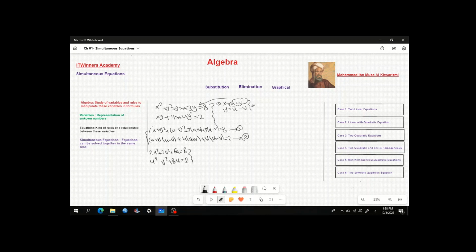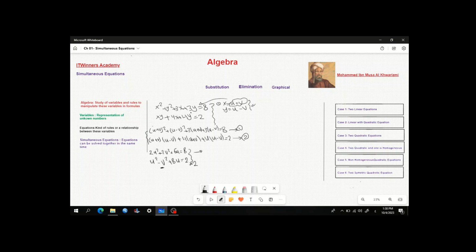Now I have these equations in u and v, so I can eliminate the v term and obtain an equation in just u.